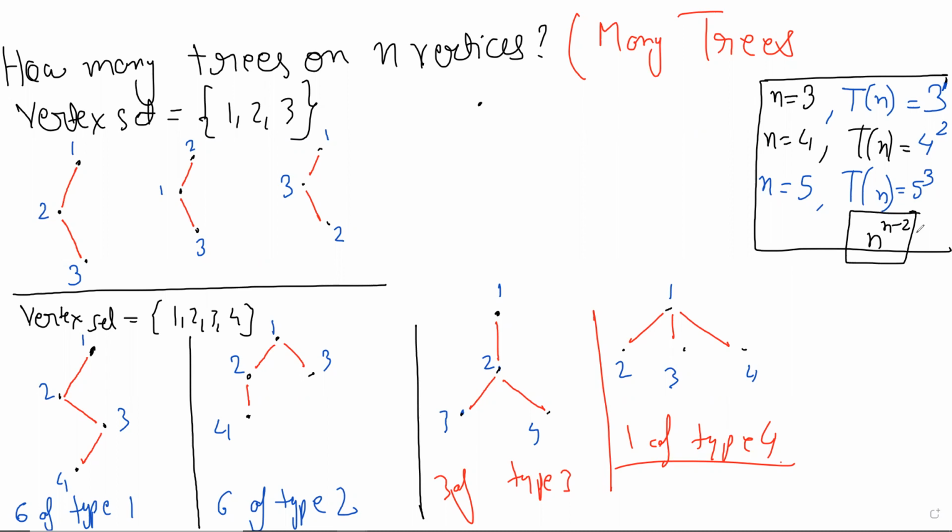But the question is, how do we prove this? This is really the question. So far, we have just tried to gain intuition. So this will be the counting question that we are interested in. How do you show that there are so many n to the power n minus 2 trees?